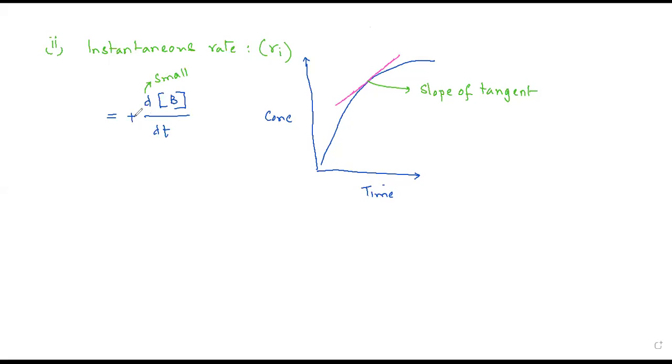Plus should always be written, it should not be ignored. Okay, so this is all about the average rate and instantaneous rate with respect to the reactant and the product.